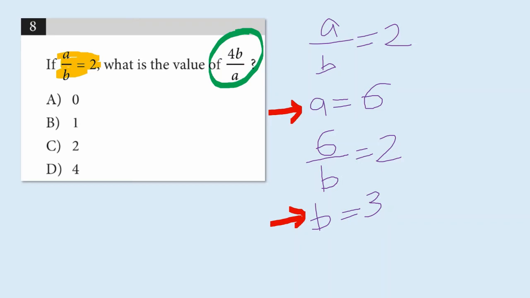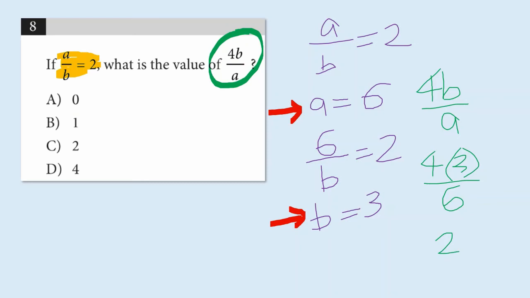So let's just use these actual values. 4b over a, for these two values that work, would be 4 times 3 over 6. So what is 4 times 3 over 6? Well, it's 12 over 6, which is equal to 2.